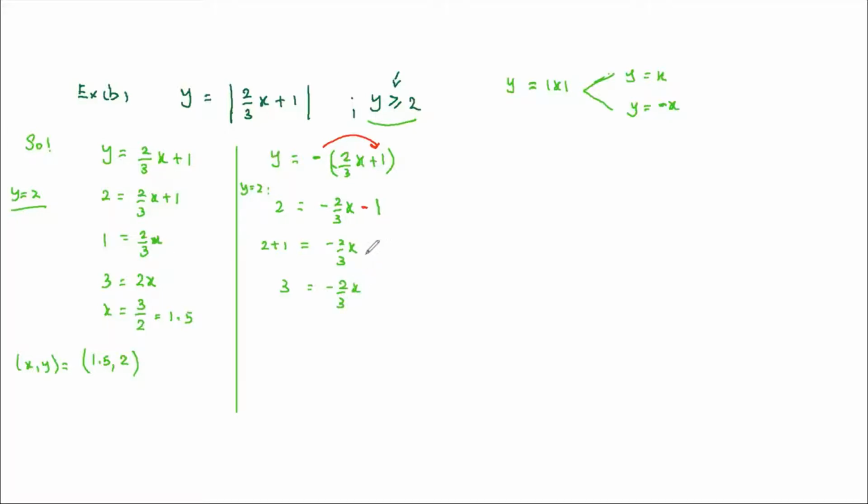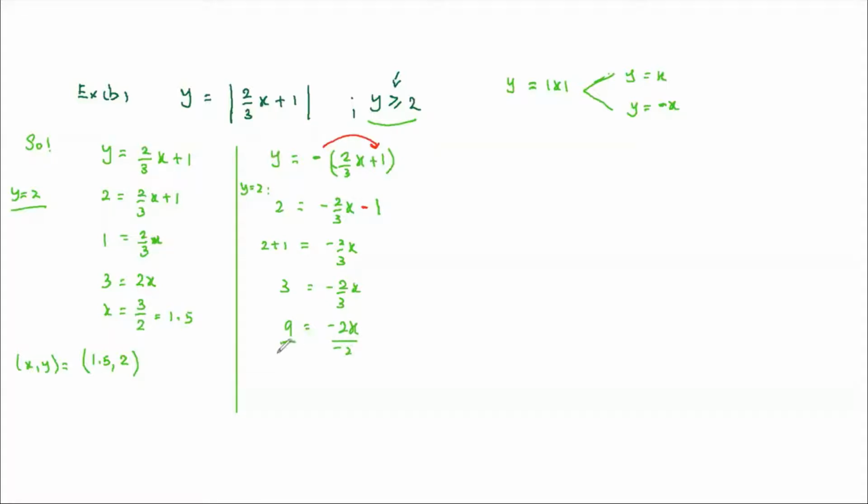Now cross multiplication again, or find the LCM, which is 3, so multiply both sides by 3. 3 times 3 becomes 9. Negative 2 over 3x times 3 cancels, leaving negative 2x. So for x, the easiest is to divide both sides by negative 2.